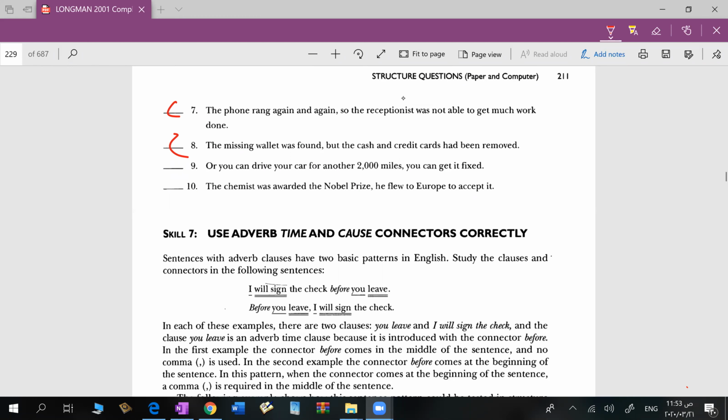Number 9, or you can drive. What do you think? Incorrect. Why? Because this sentence starts with a coordinate connector. The chemist was awarded the Nobel Prize, yet, he flew to Europe to accept it. Incorrect. How can we make it correct?